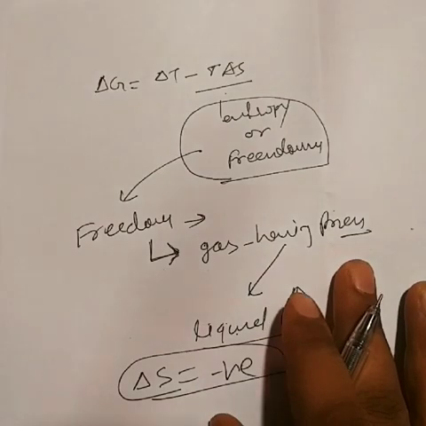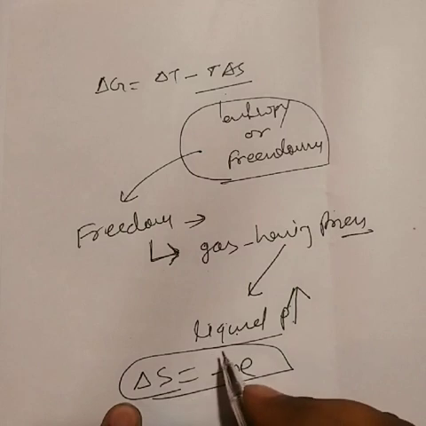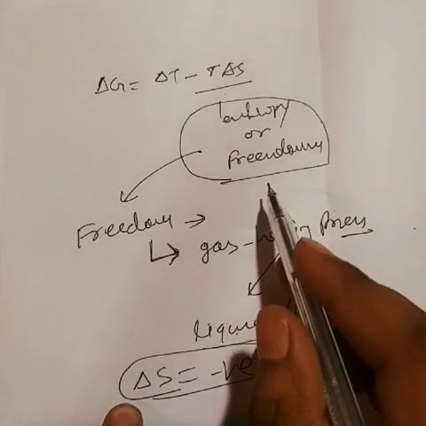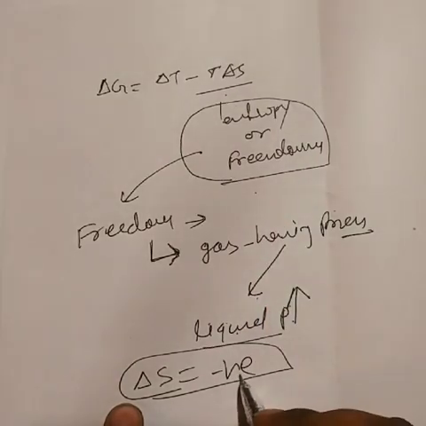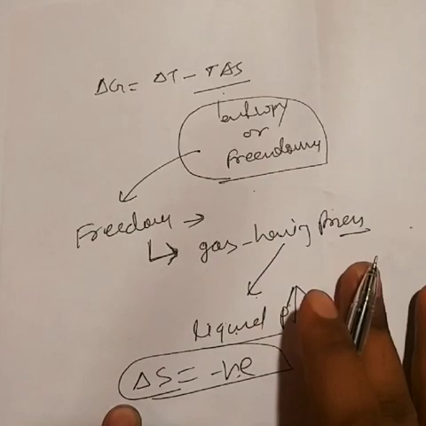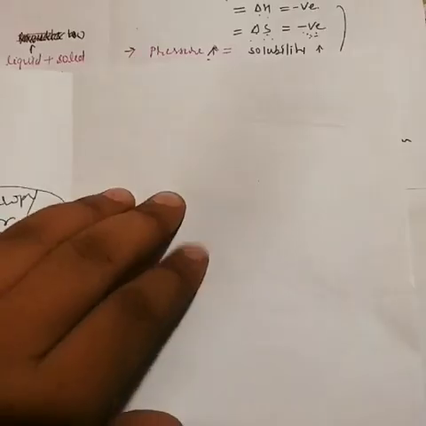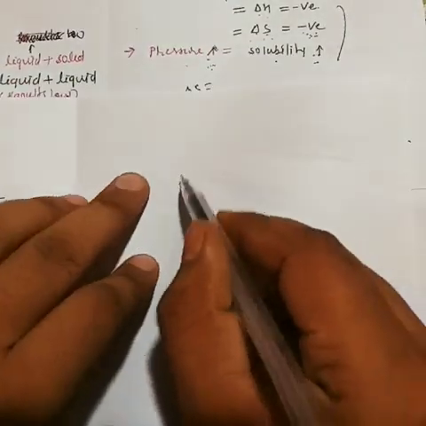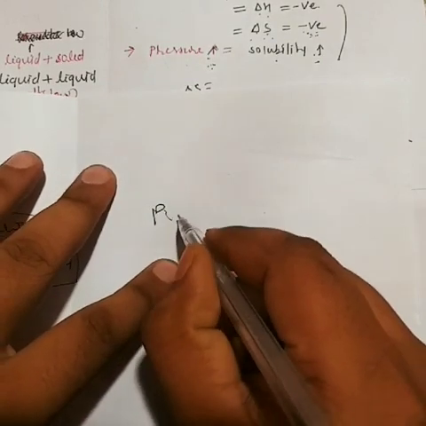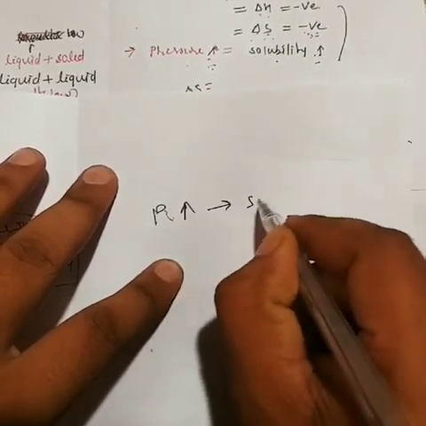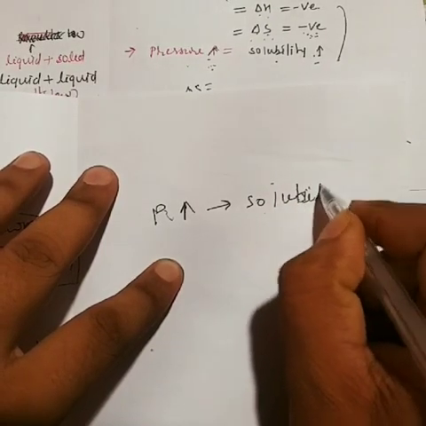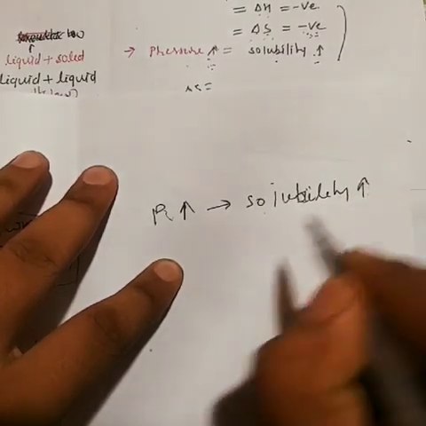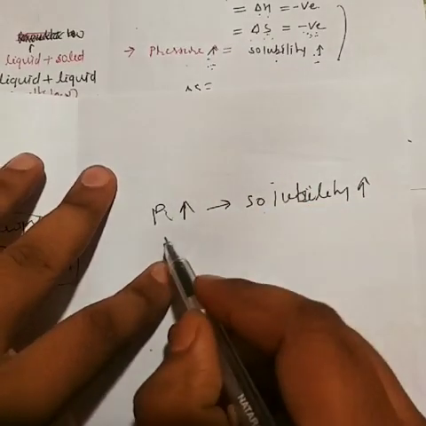So whenever we raise the temperature, it will decrease the solubility of gas, on the behalf of kinetic energy and on the behalf of entropy, both being negative. And one more thing is pressure. Whenever we raise the pressure, definitely solubility will be raised. So this is a very important point.